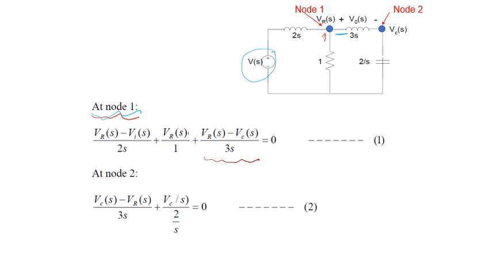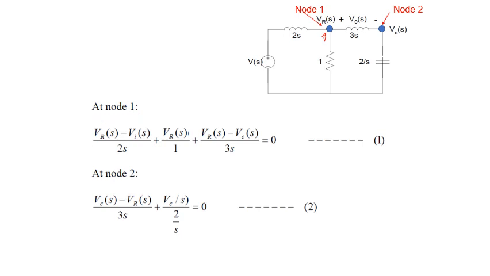For the third element, VR minus VC divided by 3S, that's going to be the current in the inductor. So all of them are equal to 0. So the total currents equal to 0. So this is one current, this is the other current, and this is the third current. Their total equal to 0. That's equation number 1.